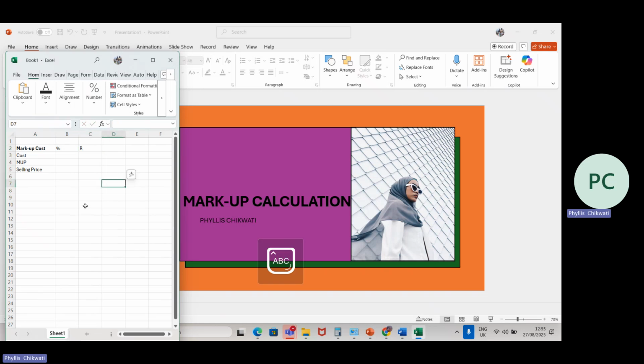Okay, so I'm going to put a question where we can read and see how best we can do that. If your markup is on cost, it means our cost is our base, so your cost will be 100%. And then, of course, the markup percentage will be given. In this question, let's assume our markup is 50%.